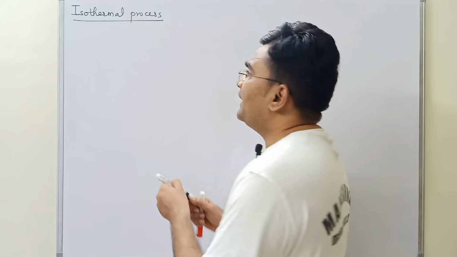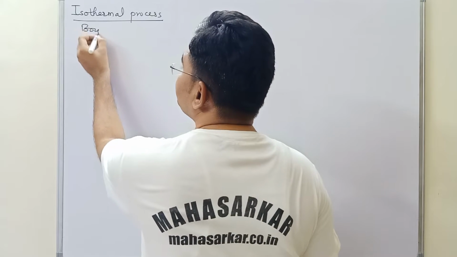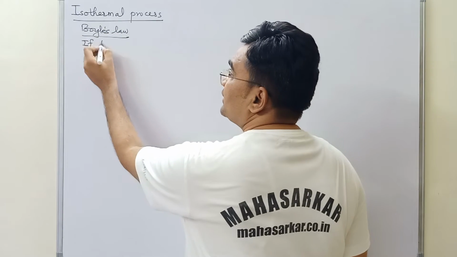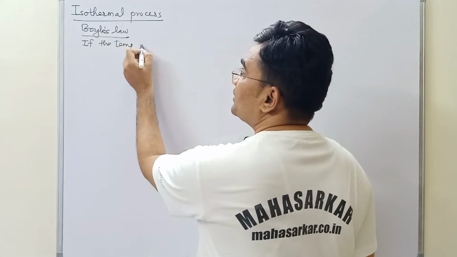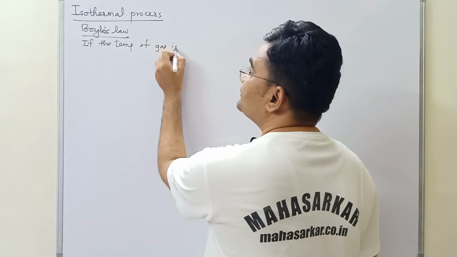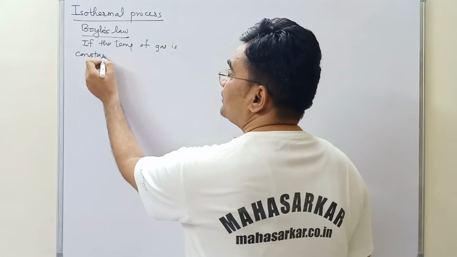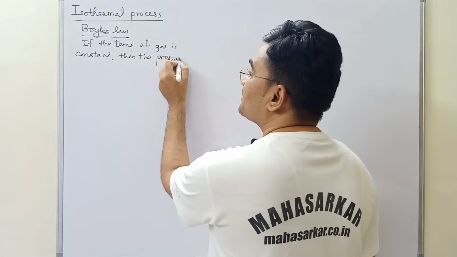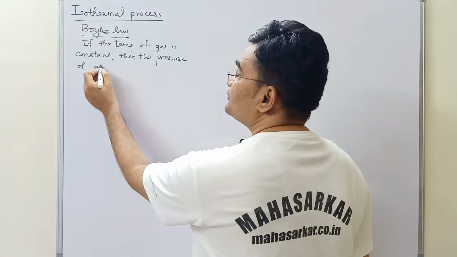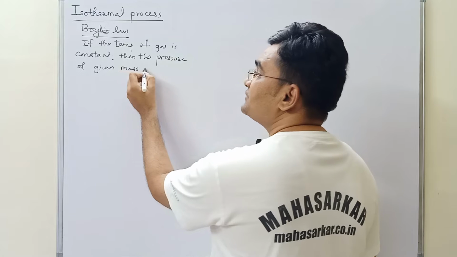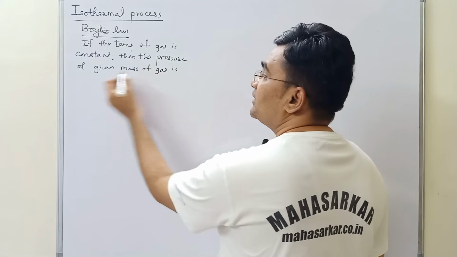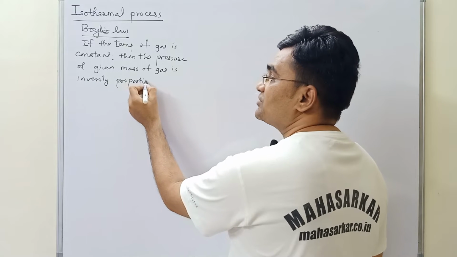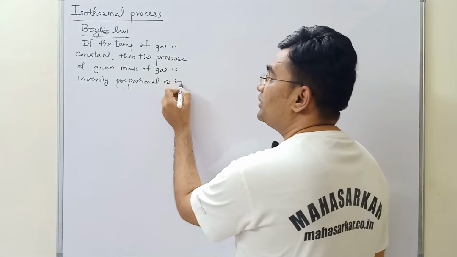So if you remember, we have learned that according to Boyle's law, if the temperature of a system, the temperature of a gas, is constant, then the pressure of a given mass of gas is inversely proportional to its volume.